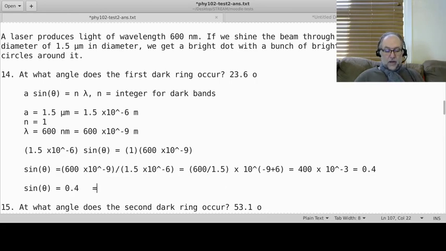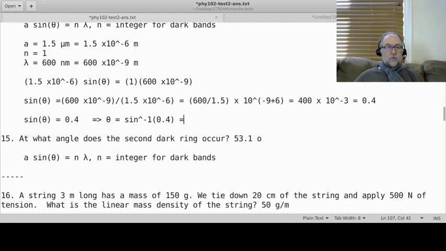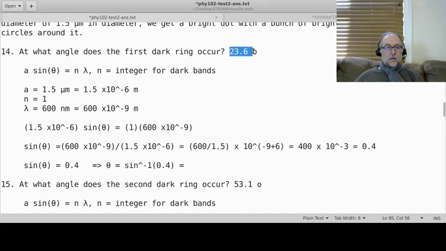I can write it out, but I can't really show you how that's done on your calculator, because every calculator is slightly different. But it looks something like this: inverse sine of 0.4, and the answer turns out to be 23.6 degrees.